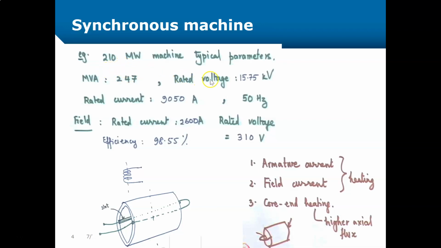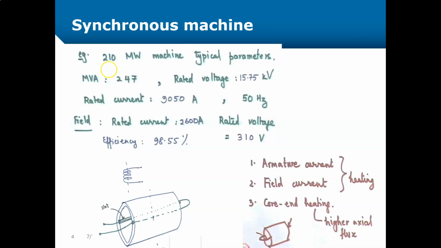In addition, the rated voltage is 15.75 kilovolts, and the rated current is roughly 10 kiloamps, a little bit above 9000 amps. And it's of course a 50 Hz machine.